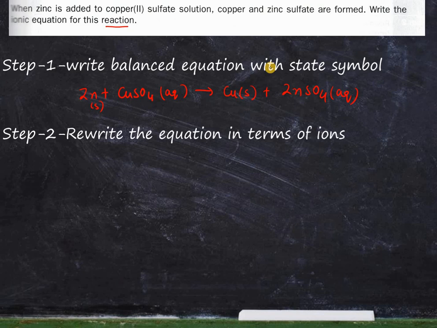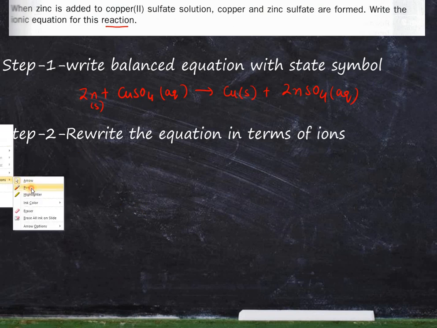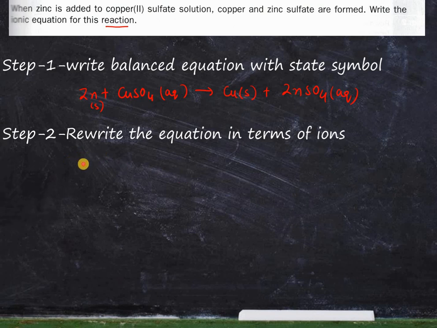So what is step number two? Rewrite the equation in terms of ions. So we are going to write this whole equation again in terms of ions. Here we will write Zn, which is in the solid state, plus Cu2+ aqueous, plus sulfate ion, which is aqueous.